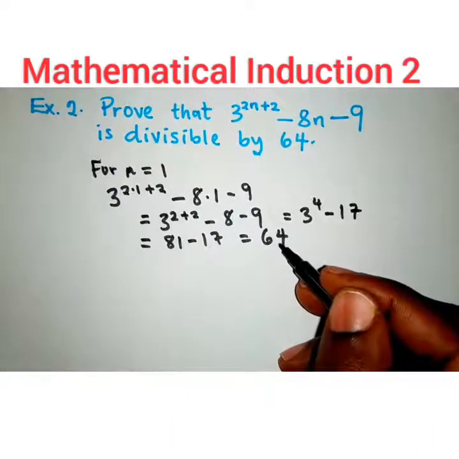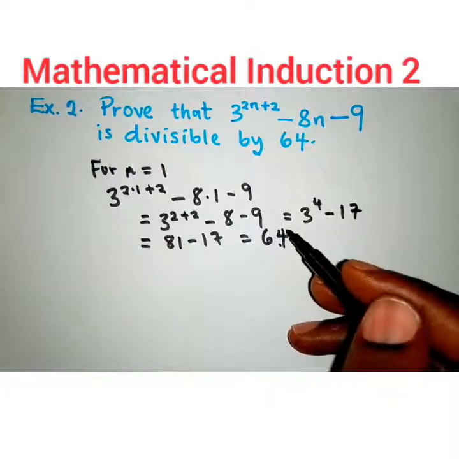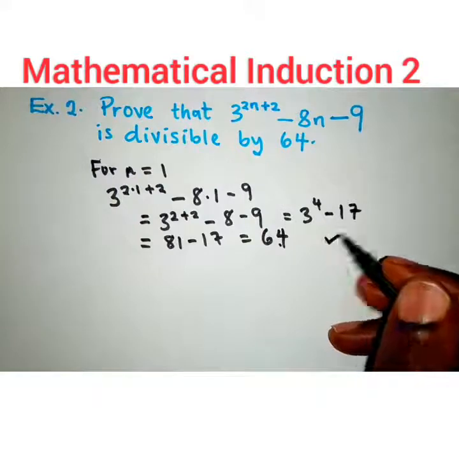So 64 is divisible by 64, and so the statement is true for n equals 1.